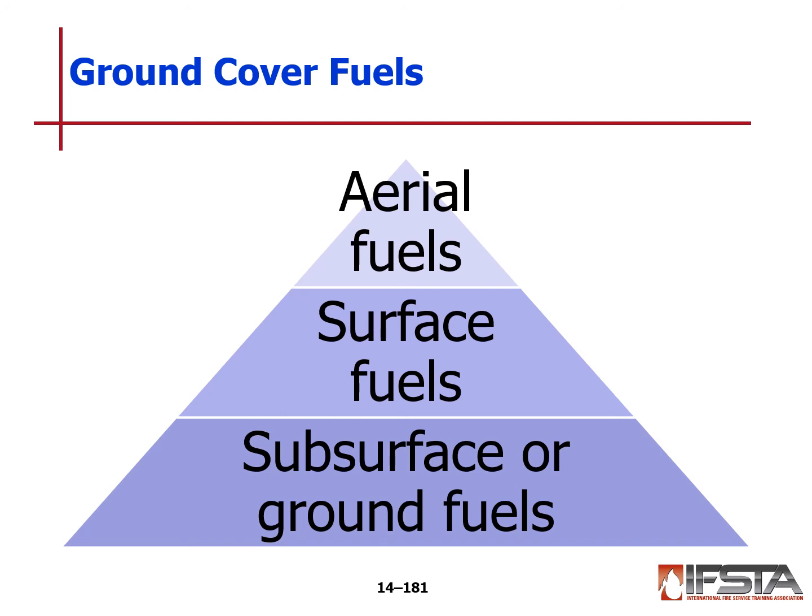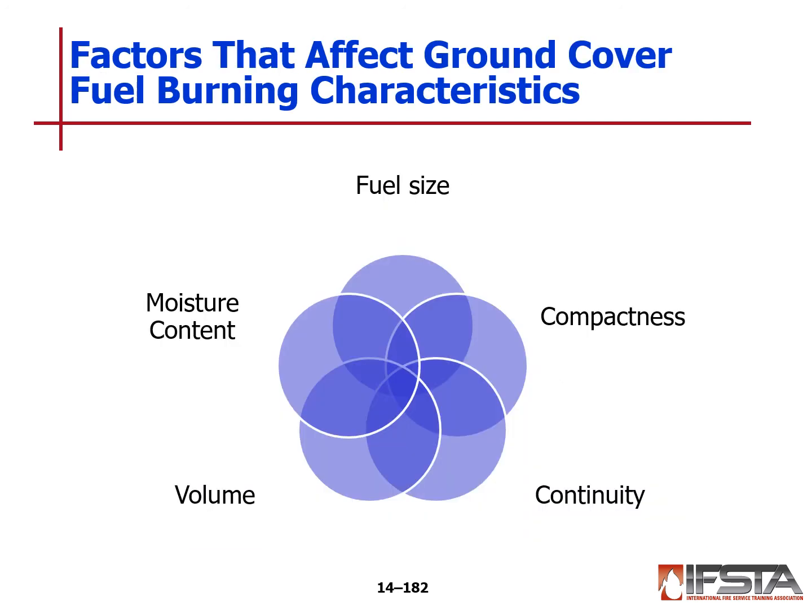We could have the crowning fuels, the aerial fuels, surface fuels, and subsurface fuels found in the duff. Factors that affect these type of fires, again, the fuel size. One of the big things is the moisture content, and that's why as the day goes along, these fuels will lose moisture content and they will become, unless you're on the north side, more combustible.